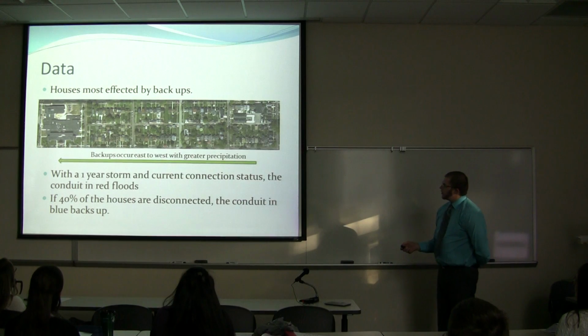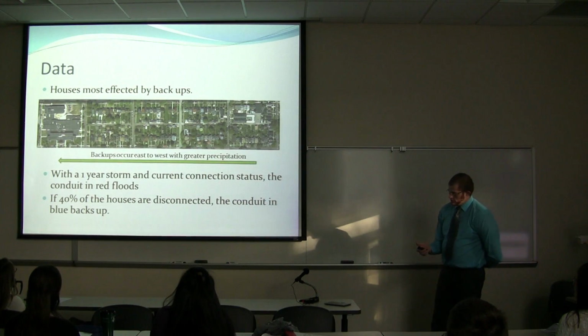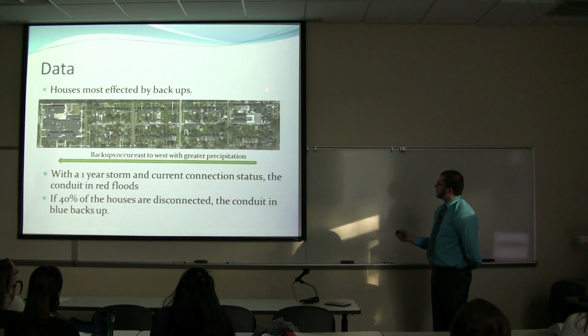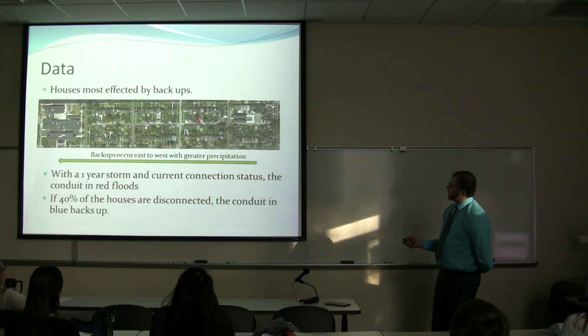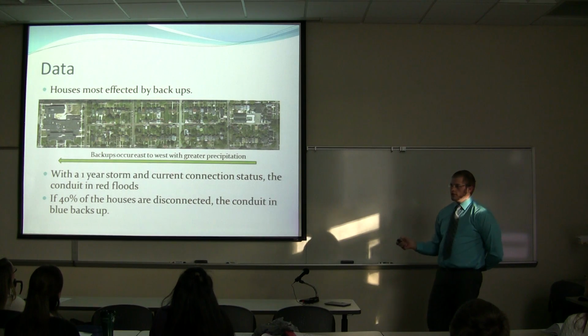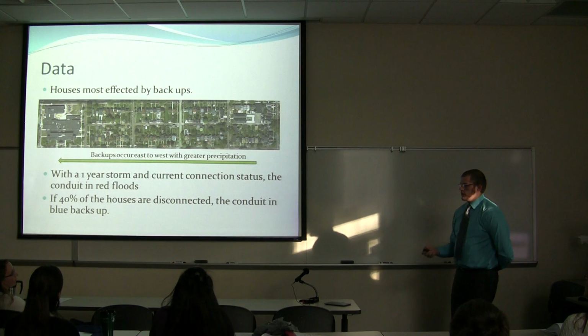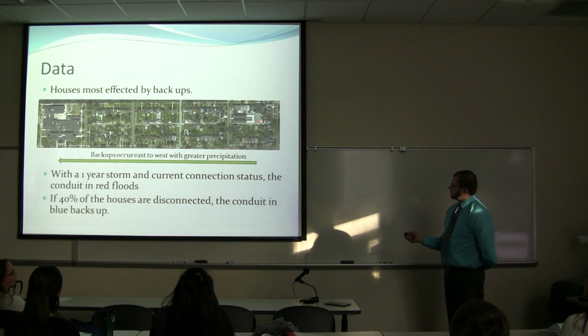We decided to disconnect the houses from the outflow west, because if we started disconnecting from this side, it would fail here anyway and just fail the whole pipe. And the water is flowing this way, so to get a more accurate analysis, we went from east to west.